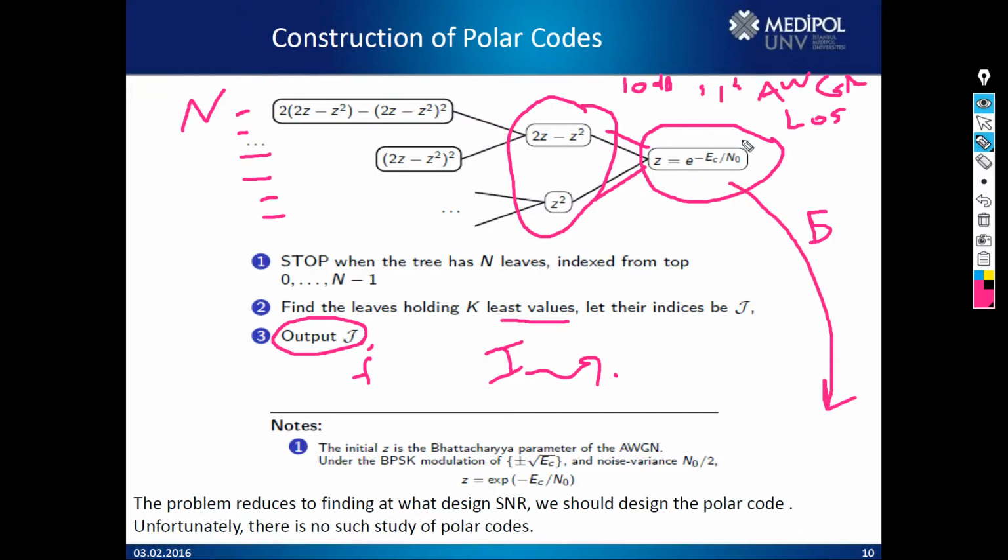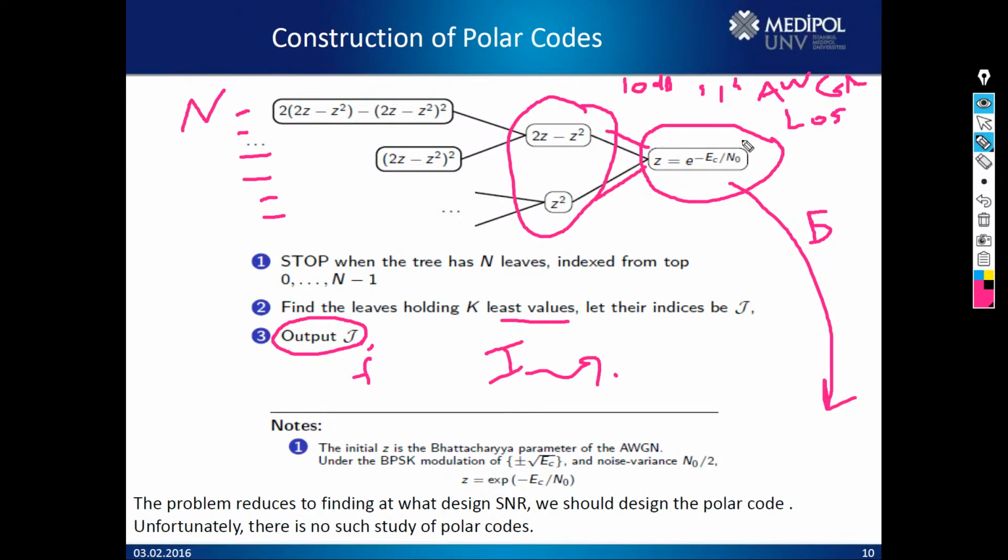Then this is the design SNR that I should start from for any user located at this position. If you don't do this, your design will not be optimized. You might make a mistake and consider this channel as good while it's not, or as bad while it's not. These are the first steps in construction of polar codes.